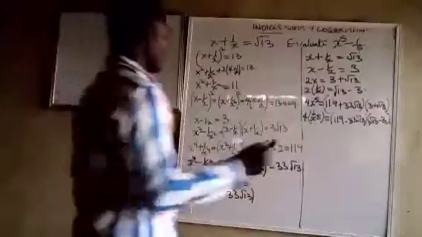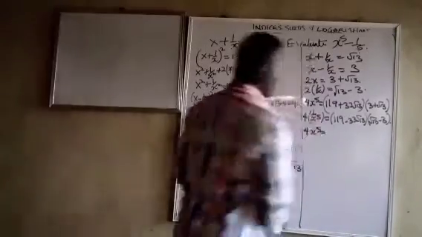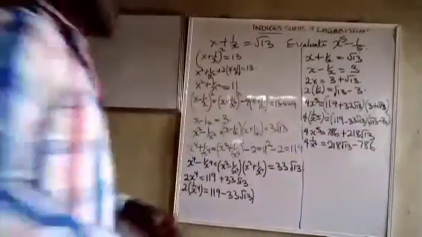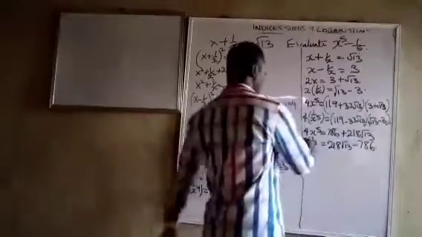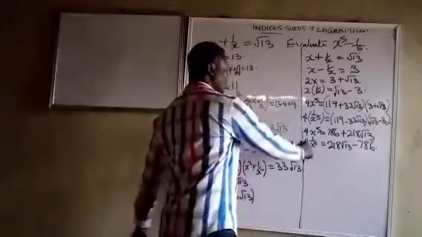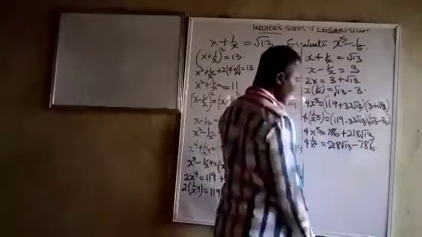Then, let us expand. 4x raised to the power 5 is 786 plus 218 root 13. 4 over x raised to the power 5 equals 218 root 13 minus 786.